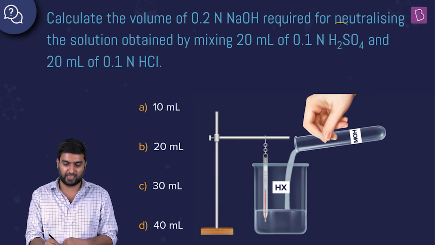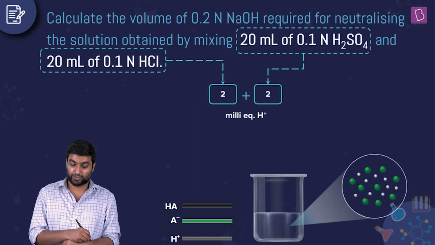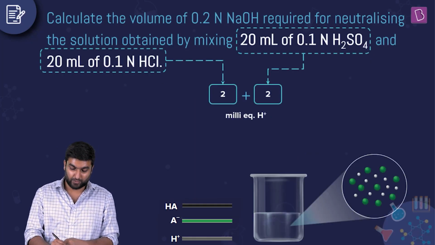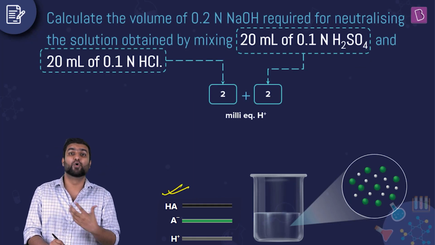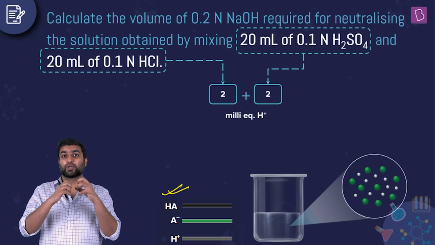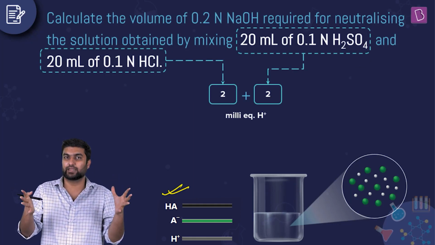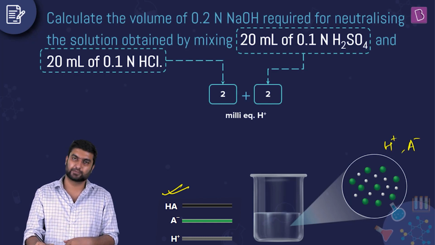And as we can see, we have 2 strong acids here. When I say strong acid, I mean that if I say the general form as HA for a monobasic strong acid, it's going to completely dissociate into its ions, that is H plus and A minus.